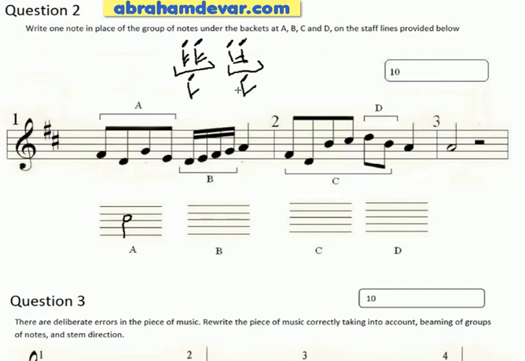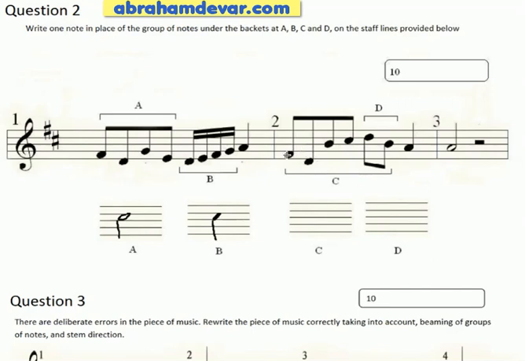You add the 2 quavers up, they'll give you a quarter note. So those 2 are equal to a quarter note, and that is the answer for bracket B, a quarter note. And the next answer is a quarter note. There we are. And that takes care of bracket B.